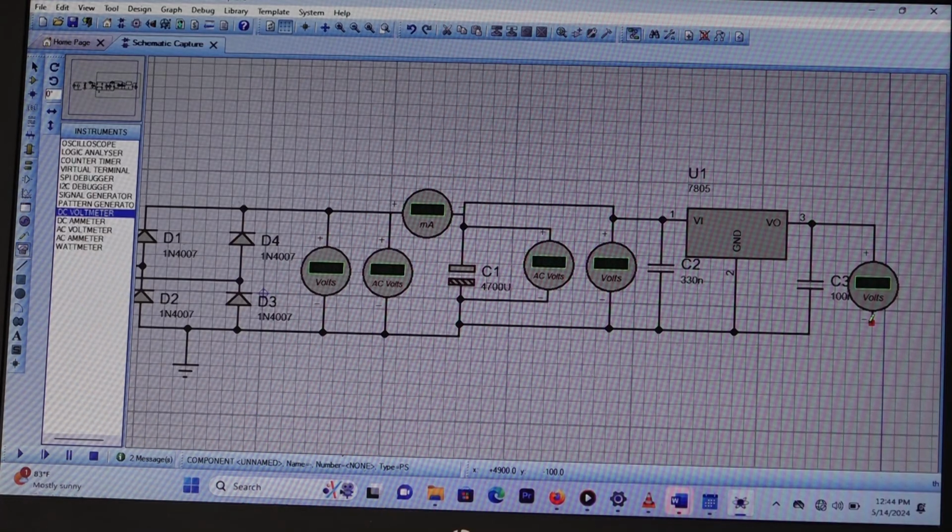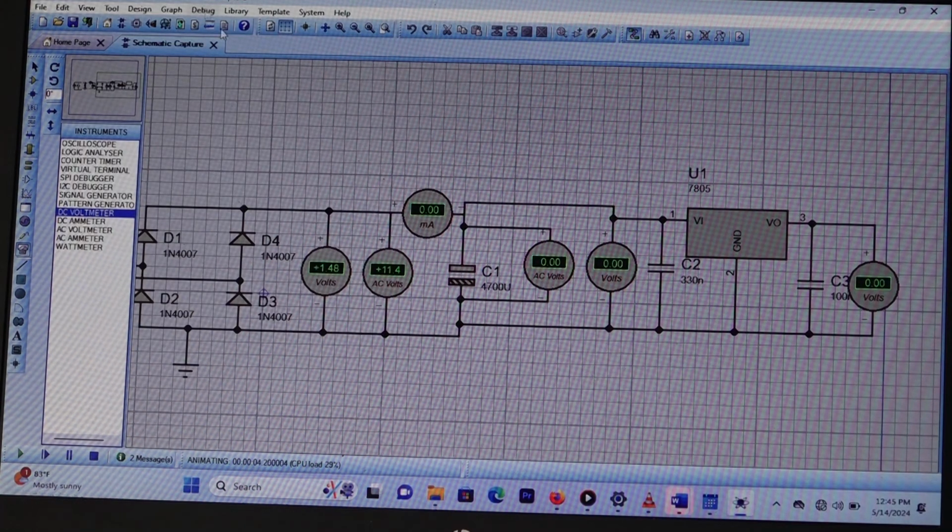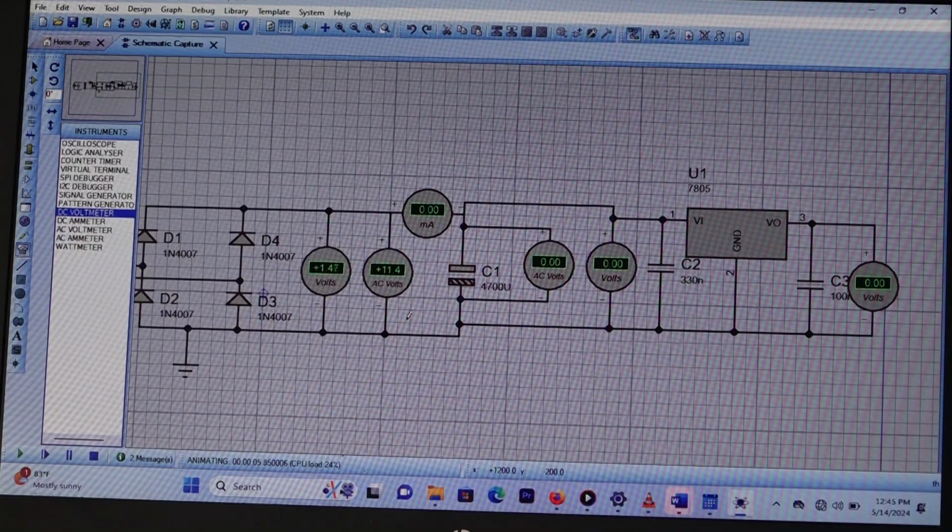Here it is. So that's one of our testing points. Okay. Let us run our simulation. So what do we measure now?